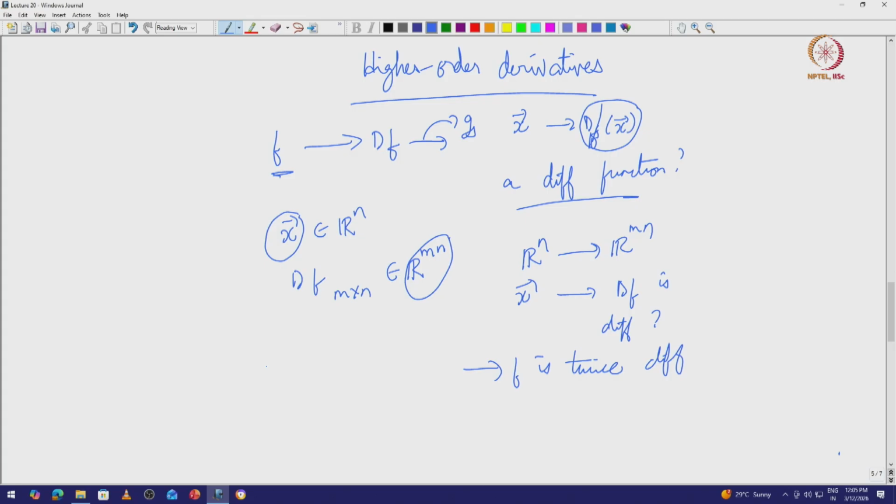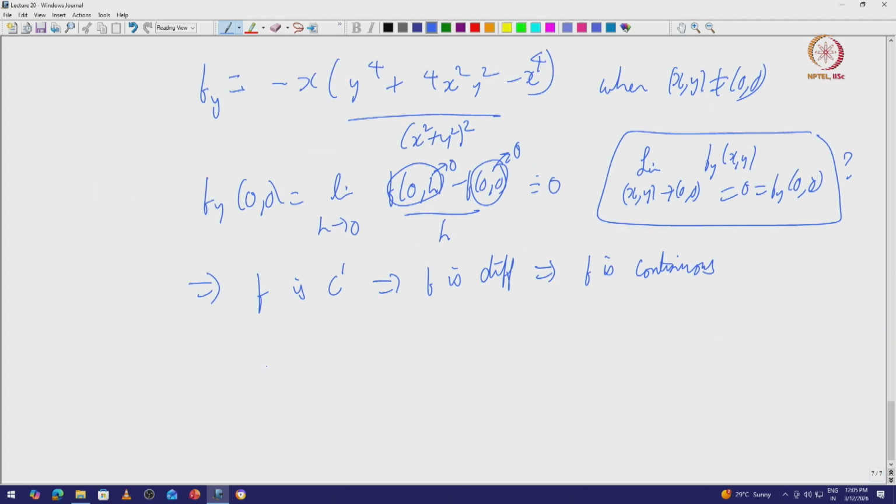So, surely d by dy of fx and d by dx of fy exist when (x, y) is not (0, 0). This much is certainly the case.